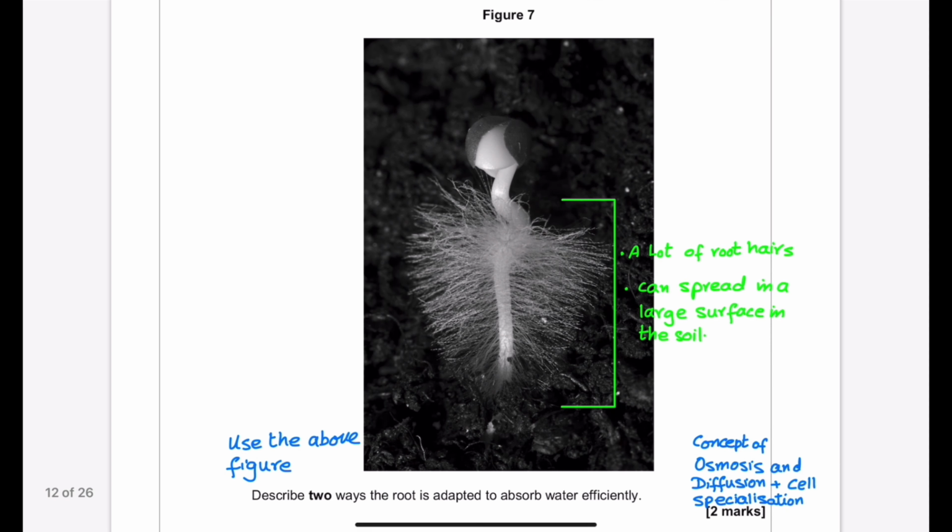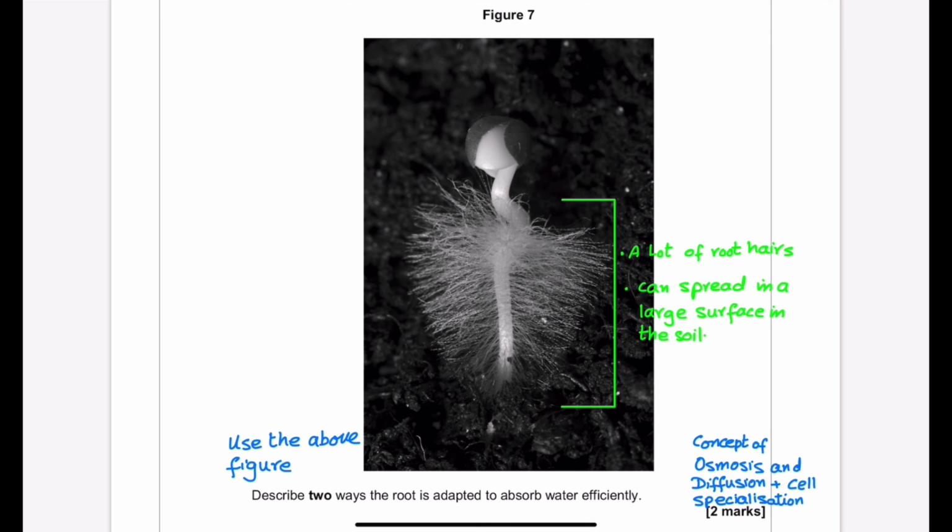If I look at the diagram, the root has spread a lot in the soil and the hairs are quite thin. The cell membrane is very thin, and they cover a lot of area in the soil. Therefore, they can absorb more water for the seed.